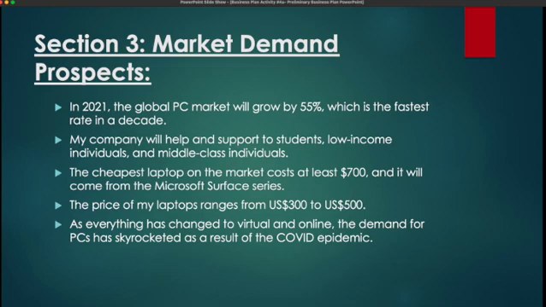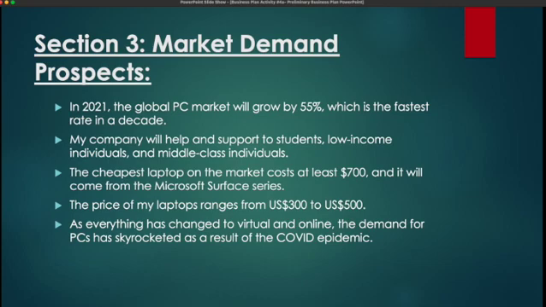On section three, I'll be talking about market demand prospects. In 2001, the demand of computer markets grew around 55 percent, which was the fastest rate in this decade.